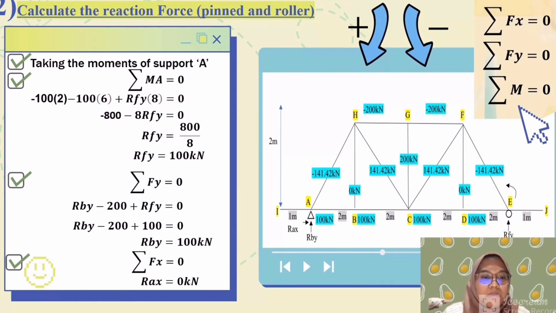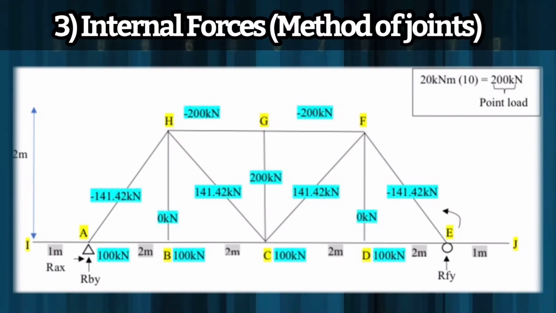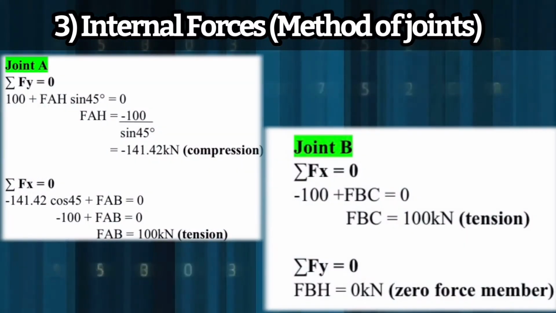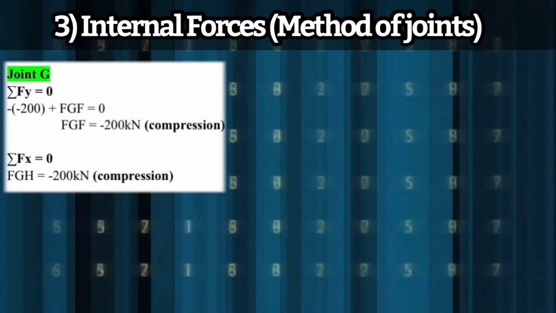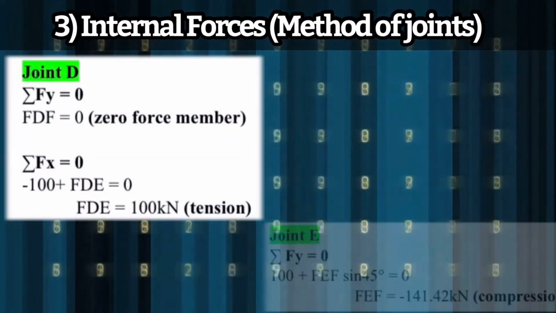We use the sum of FX to determine the reaction at A in the FX direction, which is 0 kN, and we do calculation at joint A, joint B, joint H, joint G, joint C, joint D, and joint E.